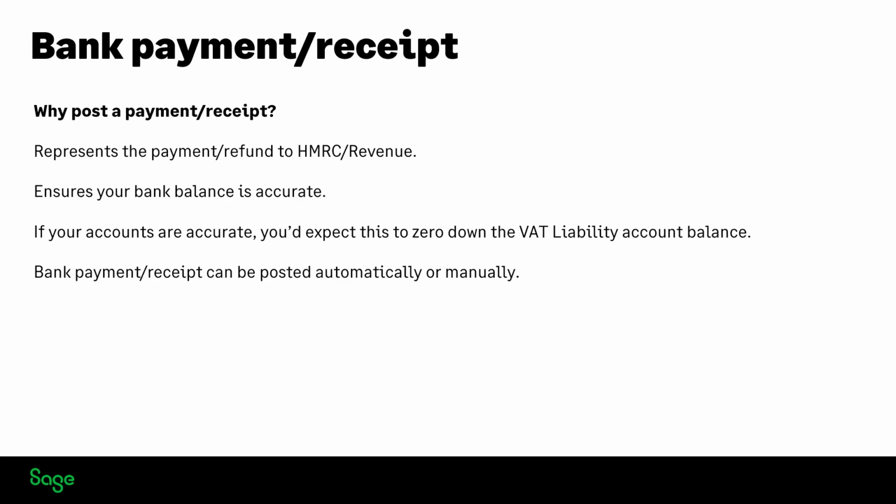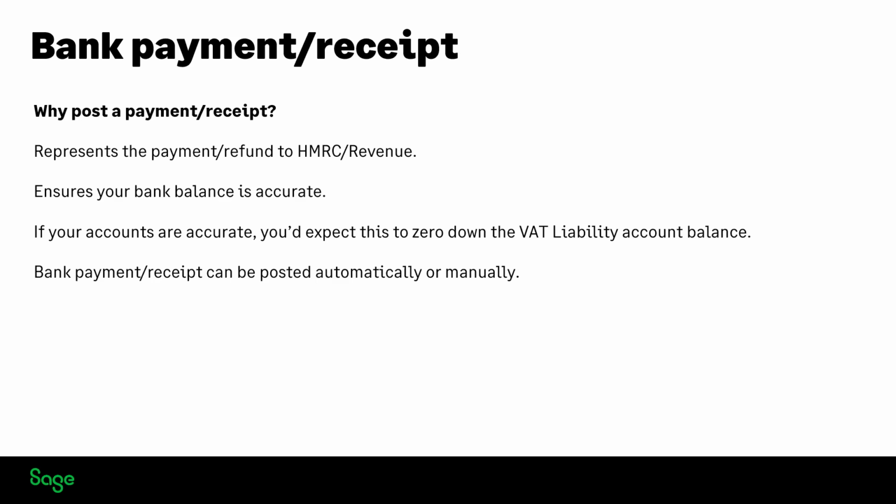Obviously, by doing this, it helps to ensure your accounts are accurate, particularly your bank balance. If your accounts are accurate and you're right up to date with your VAT liability or your receipts, and you've been doing the journals, then once you've completed this, you'd expect that payment or receipt to zero down the VAT liability account balance.